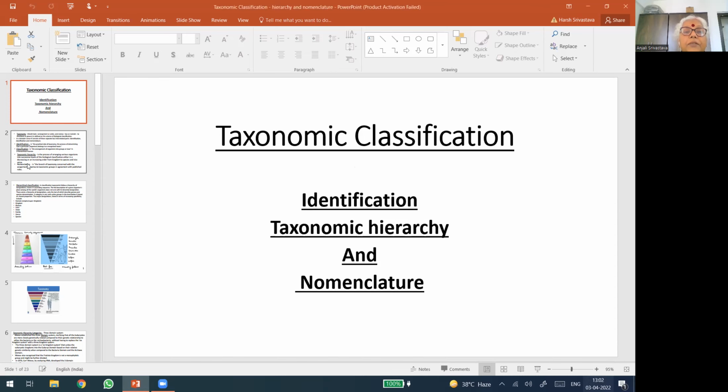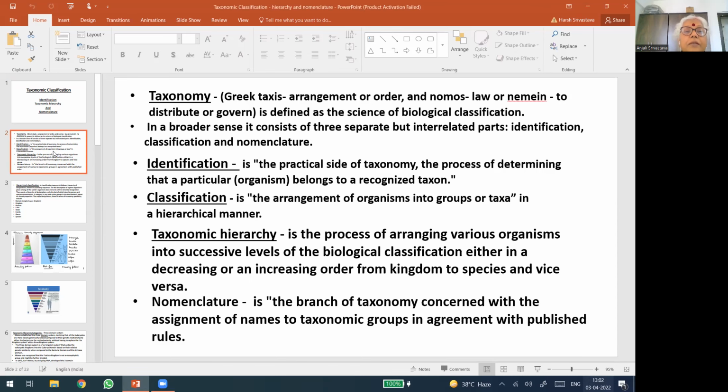To start with, taxonomy, as we have seen, is the arrangement or order of the organisms which we are going to identify, or which is used for identification. Taxonomy is defined as the science of biological classification.